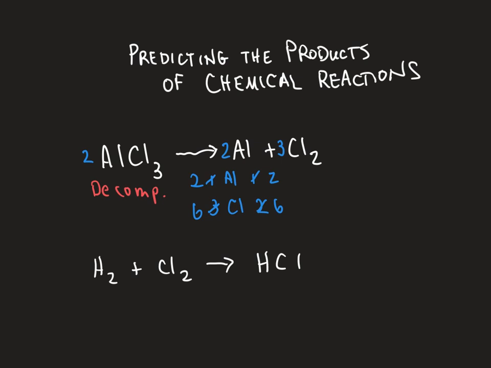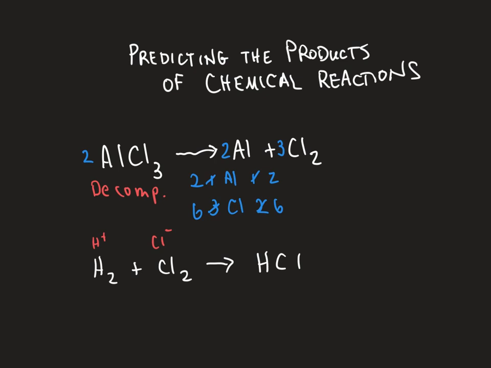We need to look at this problem and first identify the type of reaction that we're dealing with, which is a synthesis reaction. And when you have a synthesis reaction, you need to put your reactants together. Hydrogen was H plus, chlorine was Cl minus. Since they have a charge of +1 for the hydrogen and a charge of -1 for the chlorine, that's how I get my HCl.